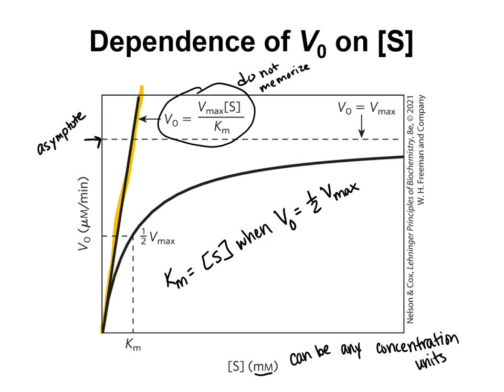So nanomolar, millimolar, whatever makes sense for your enzyme. And then we've got V naught. That is in the units of concentration per time. So in our example, we've got micromolar per minute. Whatever, again, makes sense for your enzyme.